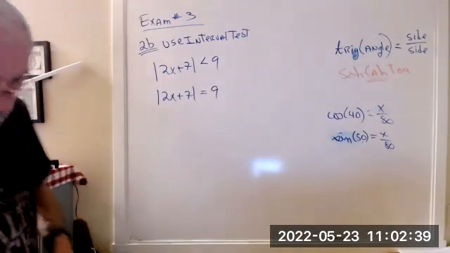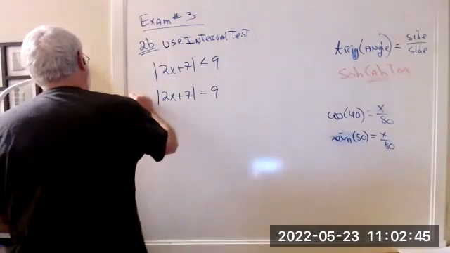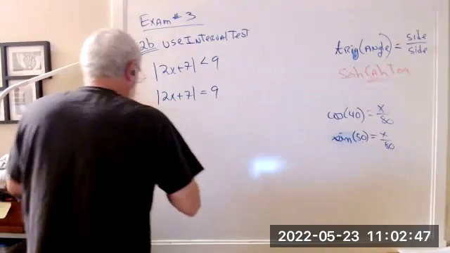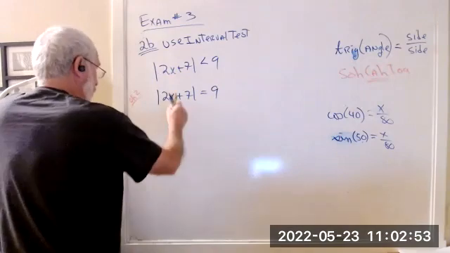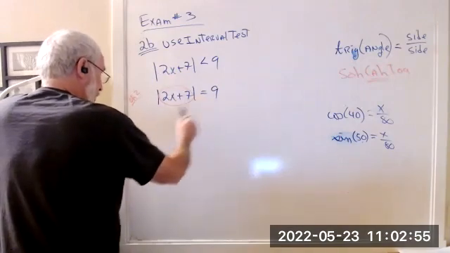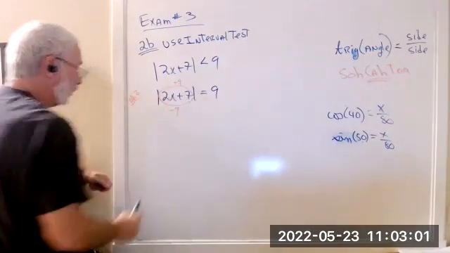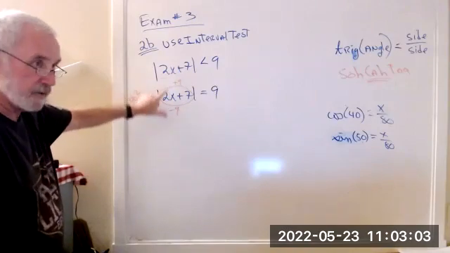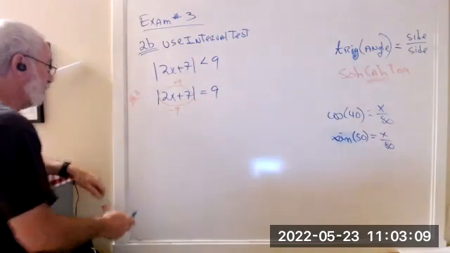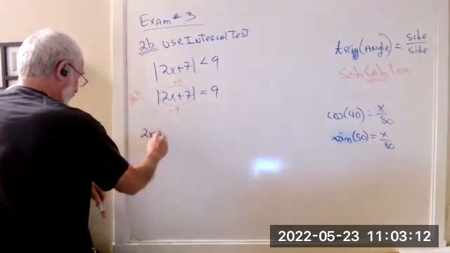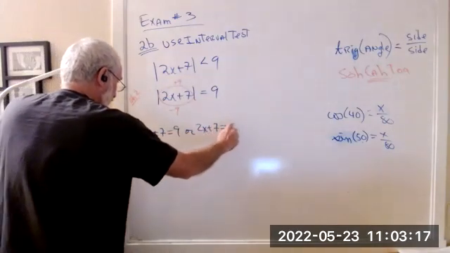I did this in a couple of warm-ups, but it's also back in chapter 2. Remember, the absolute value inside could either be worth -9 or +9, because the absolute value of a negative or positive number is always a positive answer. So from that, we get 2x plus 7 equals 9, or 2x plus 7 equals -9.